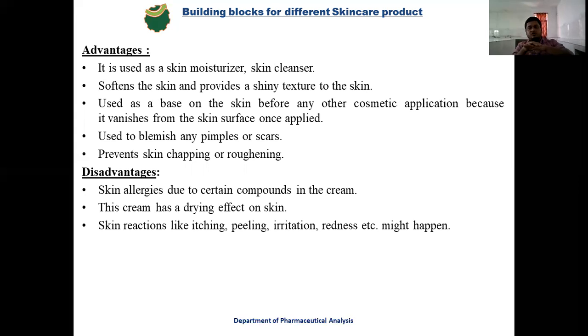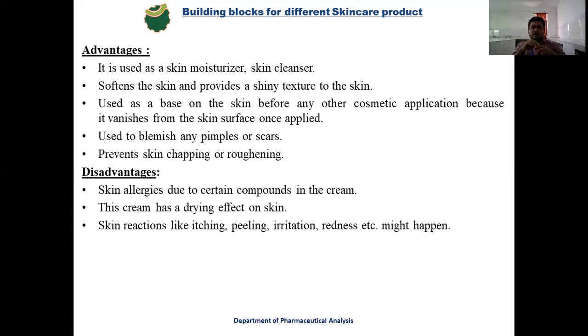Because of the stearic acid present on the skin after applying the vanishing cream, the moisture present in the stratum corneum is unable to pass that layer of stearic acid. So the moisture will be retained on the skin. So the vanishing cream can also act as a moisturizer, even a skin cleanser.